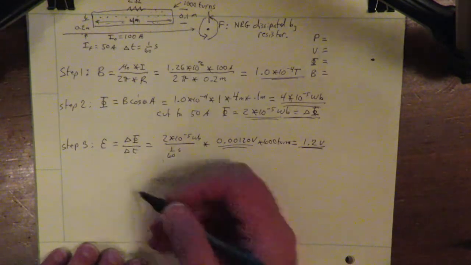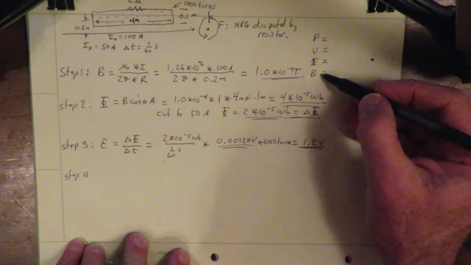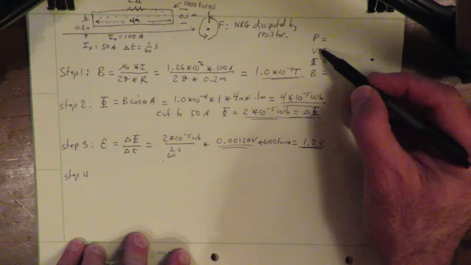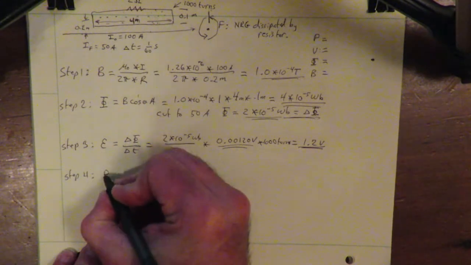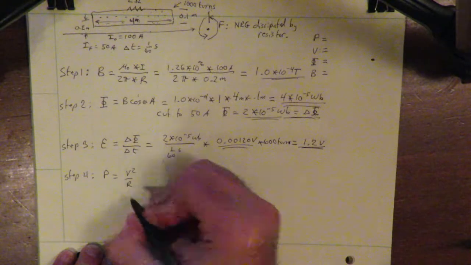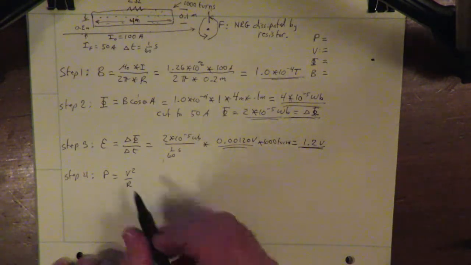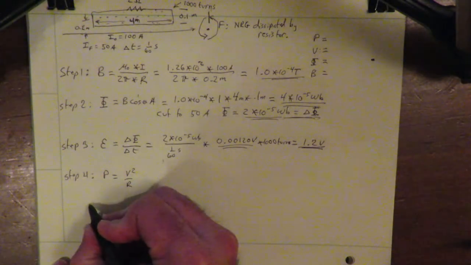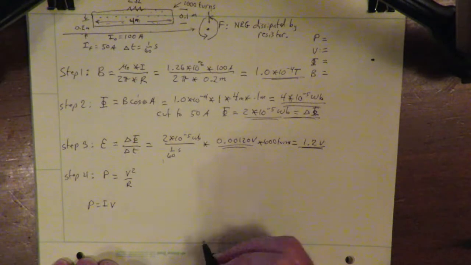Okay, so now we need to find the power. We found the magnetic field first, we found the flux, we just found the voltage or the EMF. Now we're going to find the power. Okay? Power is equal to V squared over R. That's one of those handy shortcut equations that we had. If you don't remember that one, how do we get it? Okay, well, P equals IV. That's the power equation. Hopefully you remember that.